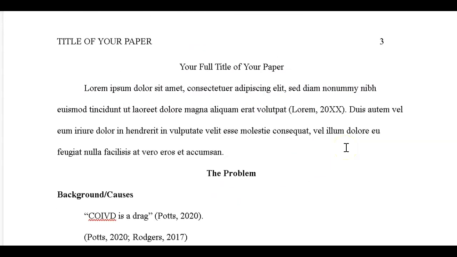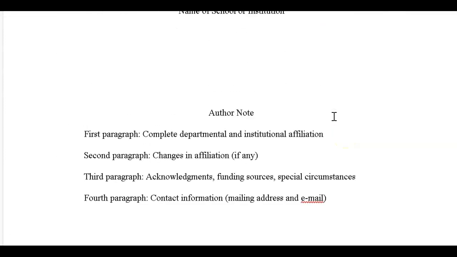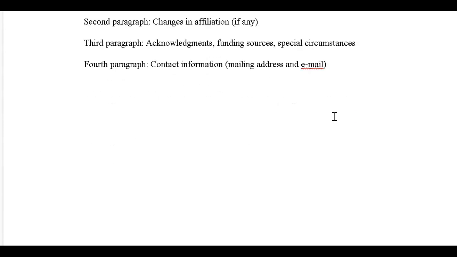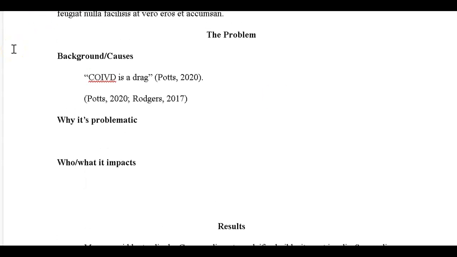So this is what you want your APA template to look like at this point. Tomorrow, by the end of the day, you're going to turn this in and it's going to look like this. It's going to have none of this completed yet because we're not working on that yet, but all you're going to have is this section completed with your level 1 information all about your problem.